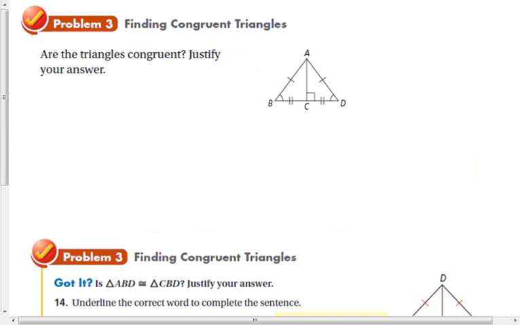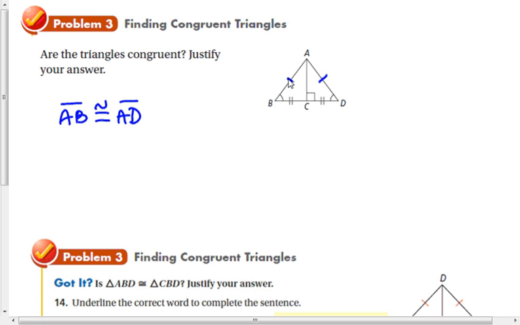All right, problem 3, finding congruent triangles. Are the triangles congruent? The way we would justify this is if all the corresponding parts are congruent. So all 3 angles are congruent and all 3 sides are congruent to the corresponding parts from the other one. So if we look at this, we can see that AB is congruent to AD. And that's given.